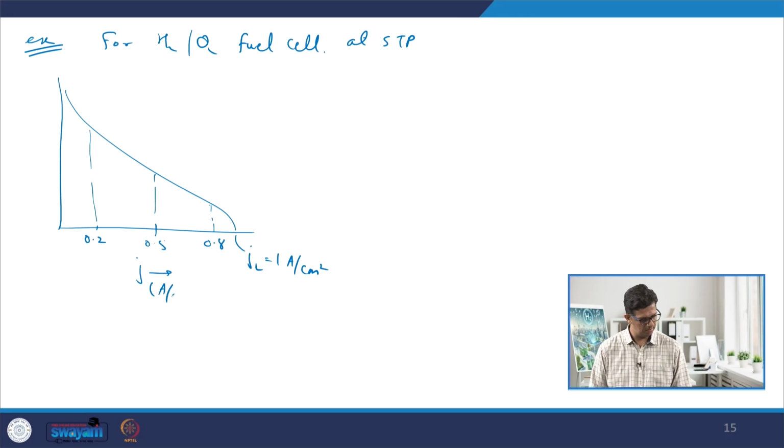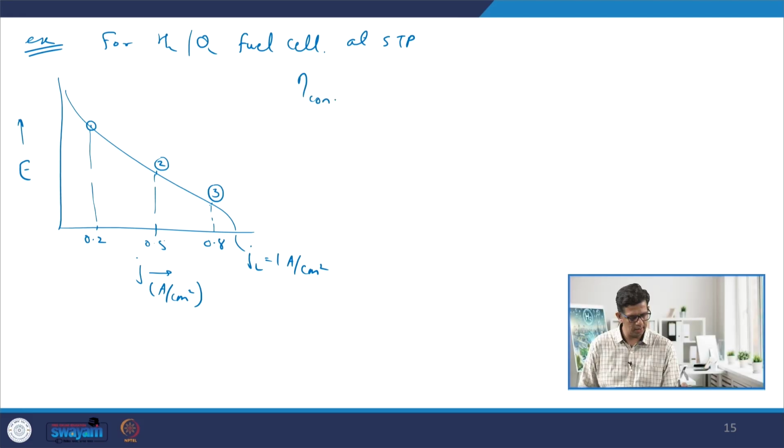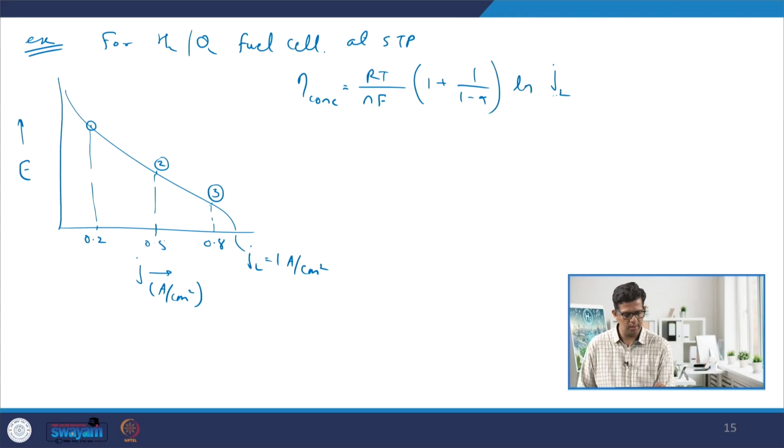This is also amps per centimeter square. So let's find out the mass transfer overpotential, or in other words concentration overpotential for three different points. This is 0.1, 0.2 and 0.3. So let's first write the concentration overpotential is basically RT by nF, 1 plus 1 by 1 minus alpha, ln of JL divided by JL minus J.